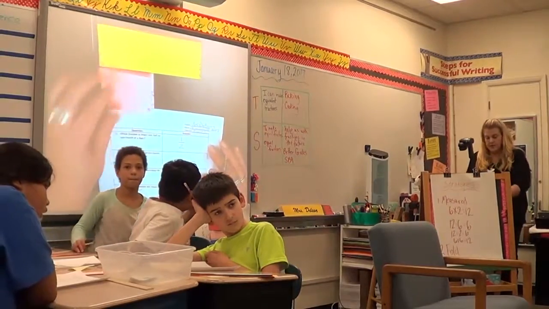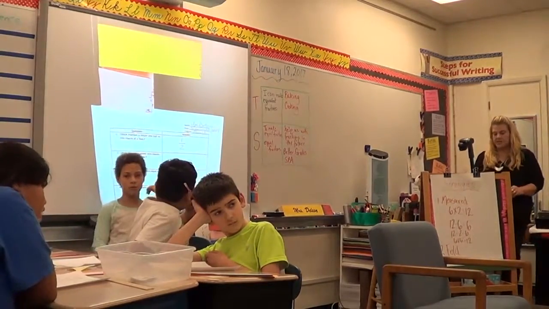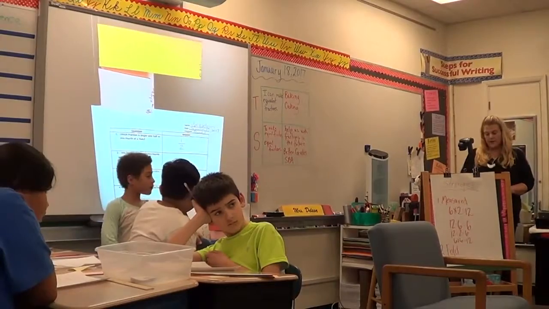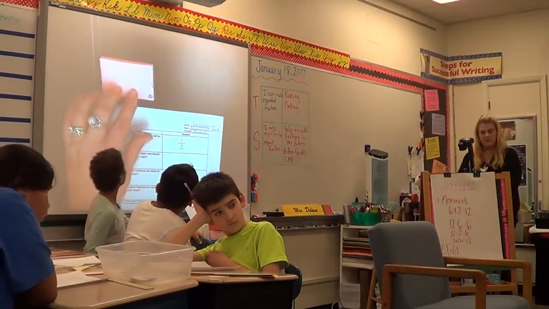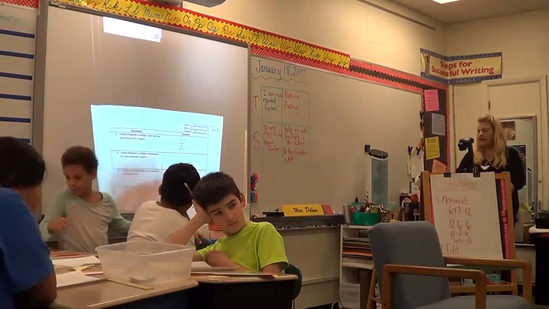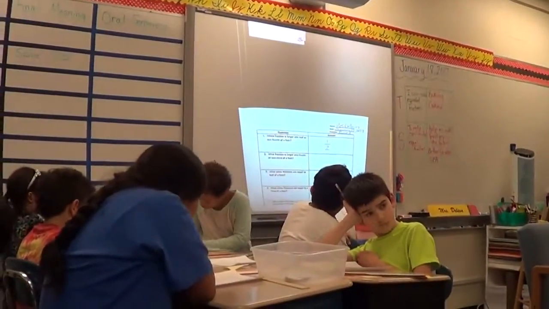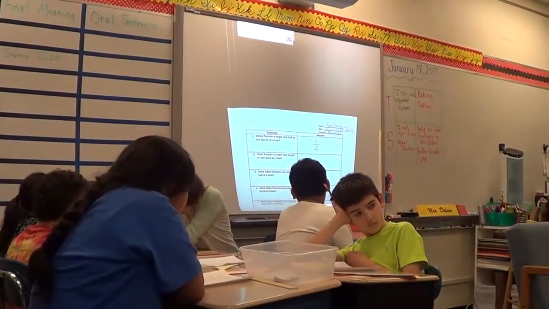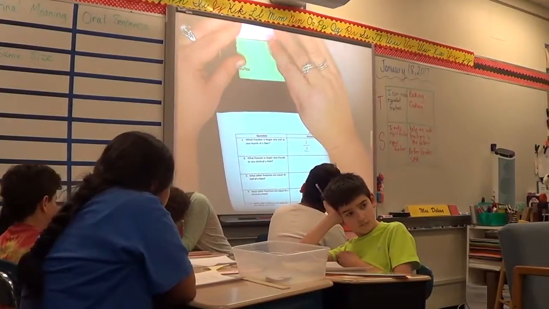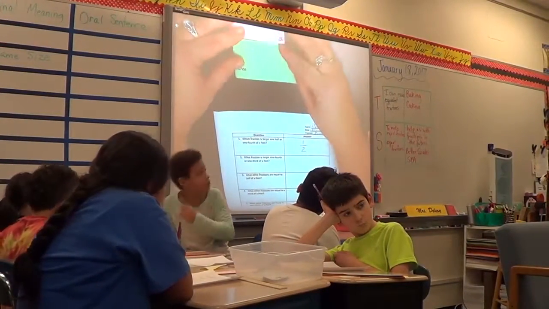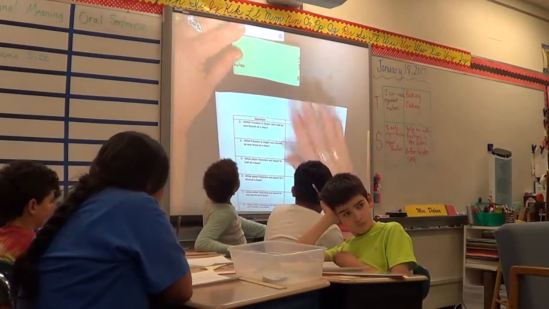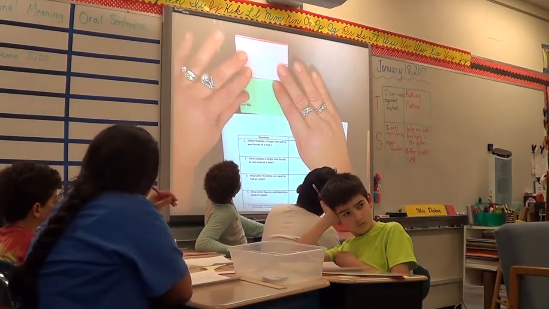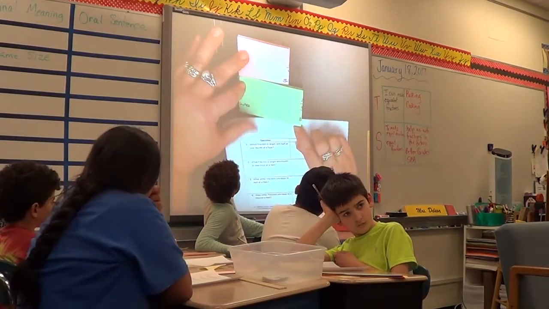Number 2 says, which fraction is larger, 1/4 or 1/3? So here's my 1/4, and here is my 1/3. Notice how I like the folding method because it really shows me the sizes right away. So which one of these is larger?